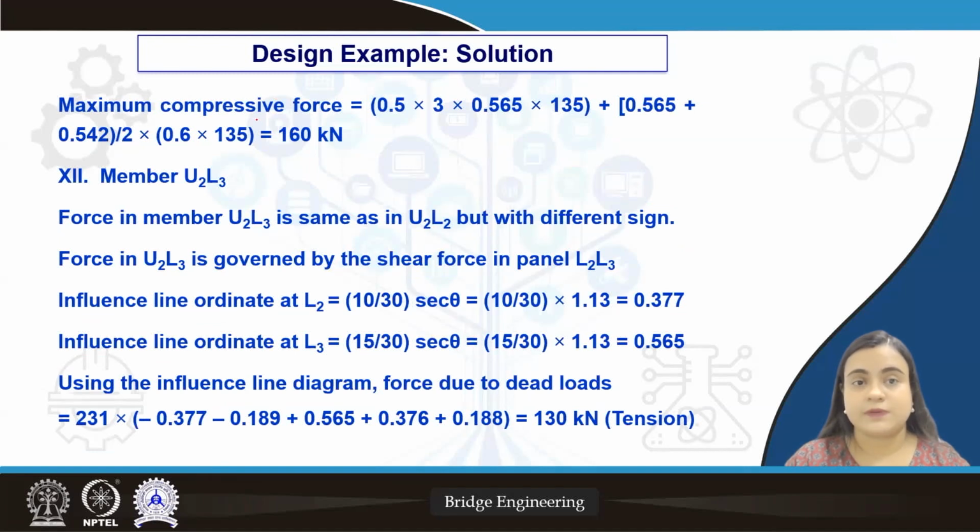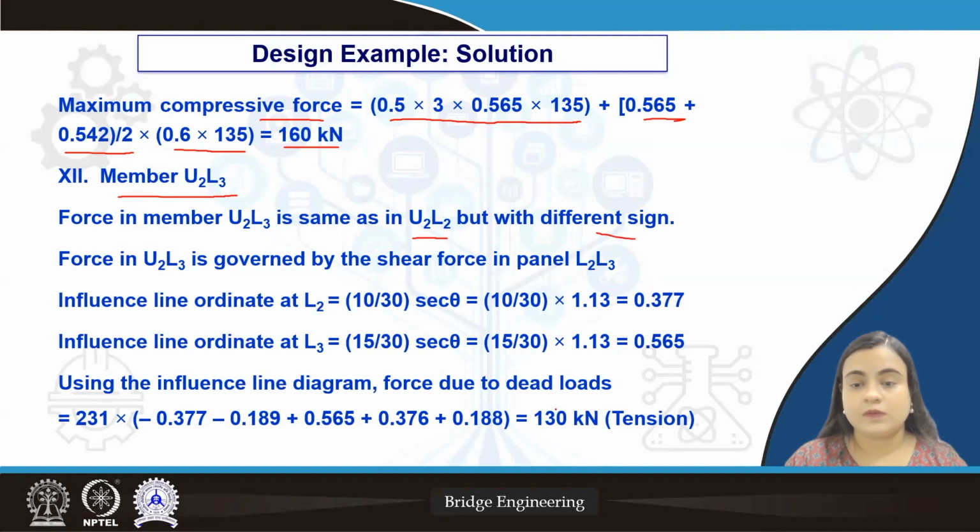Similarly, maximum compressive force can be obtained as 0.5 times 3 times 0.565 times 135 plus 0.565 plus 0.542 by 2 multiplied by 0.6 times 135, that gives us 160 kN. The member force in U2L3 will be same as in U2L2 but with different sign.